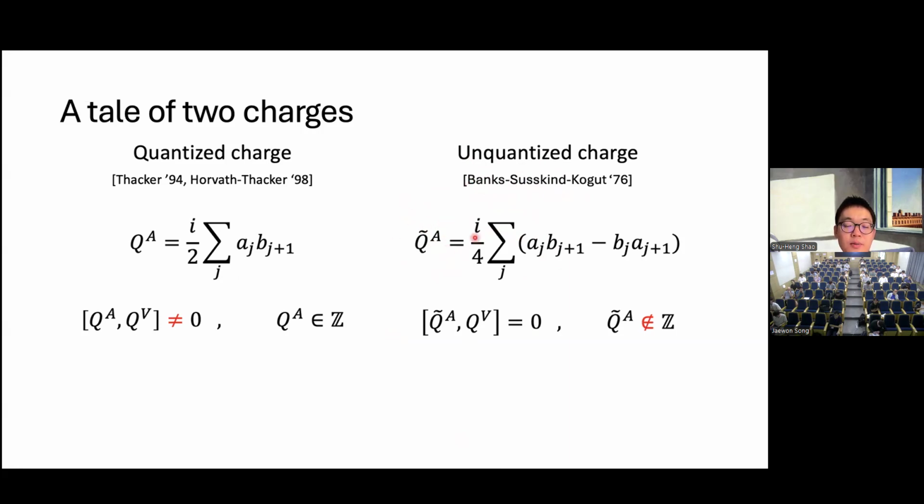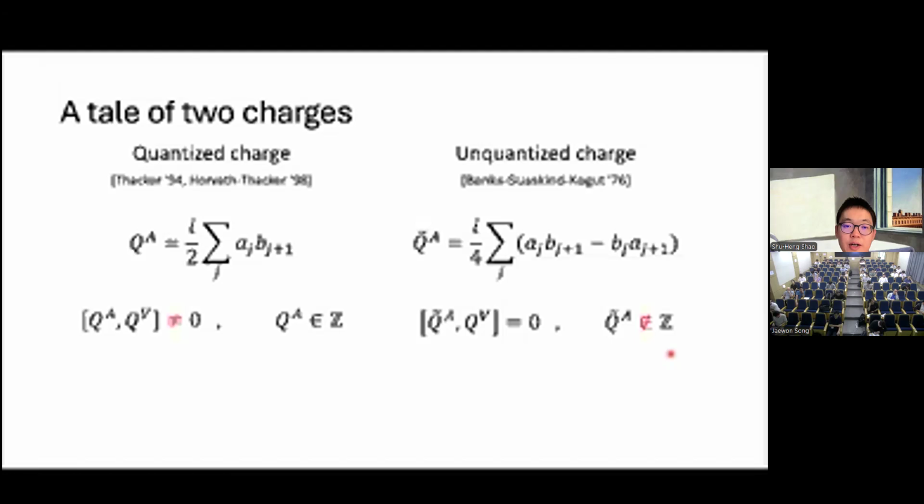This charge also commutes with the Hamiltonian. It's a close cousin of this. In fact, this can be written in terms of elements in the Onsager algebra. This symmetry does commute with the vector charge. However, it does not have integer eigenvalues.